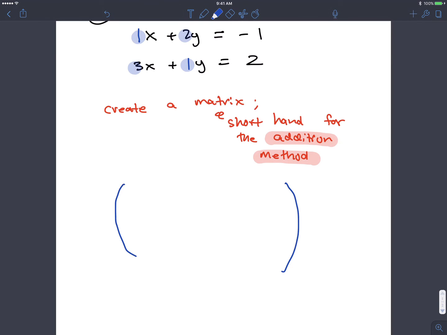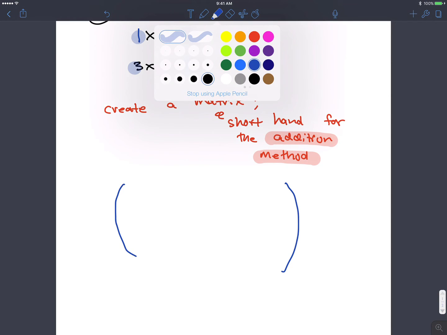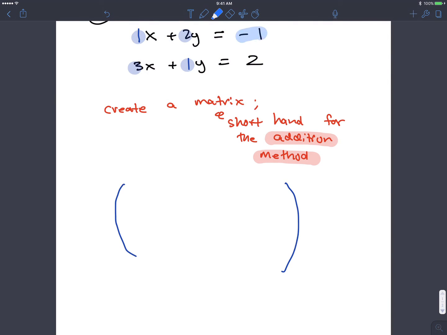We're going to use these values, and we're also going to use what they're equal to. All of these are going to go inside our matrix as entries. So you have the value 1, you have the value 2, the value -1, the value 3, the value 1, the value 2.